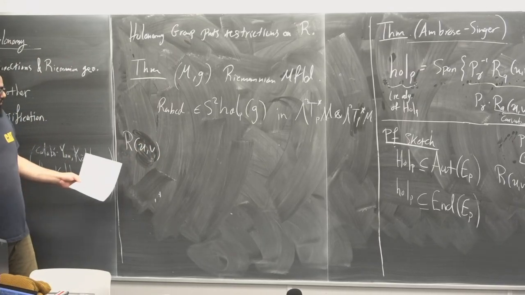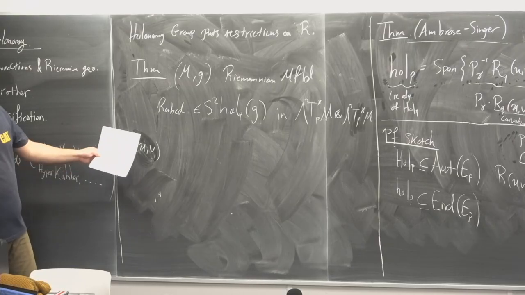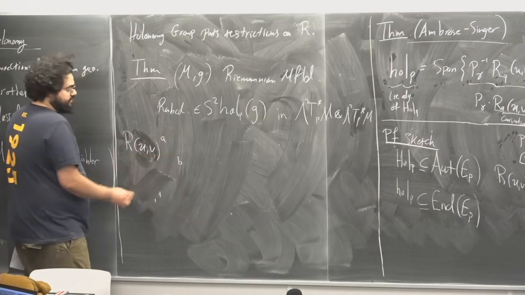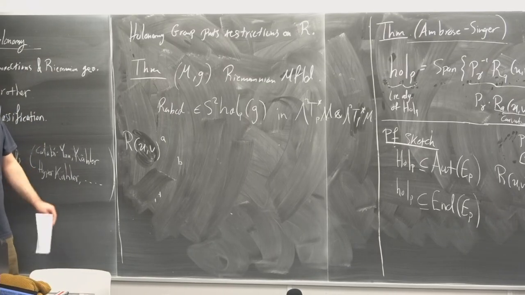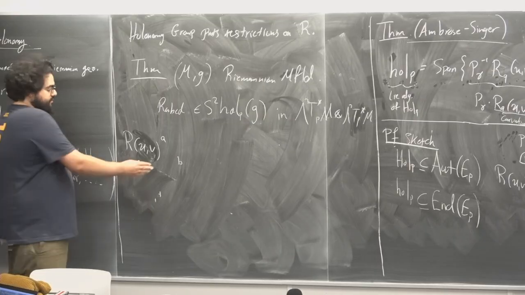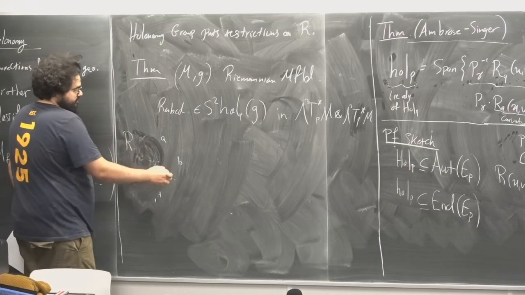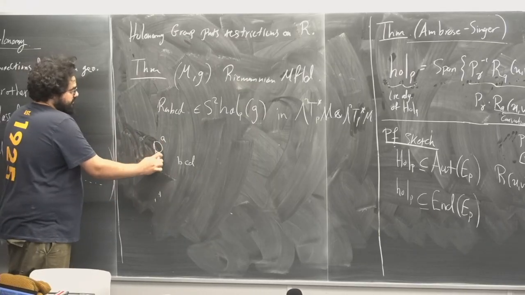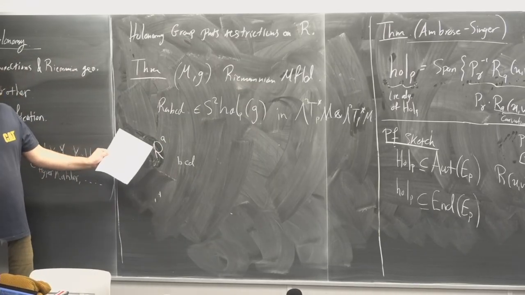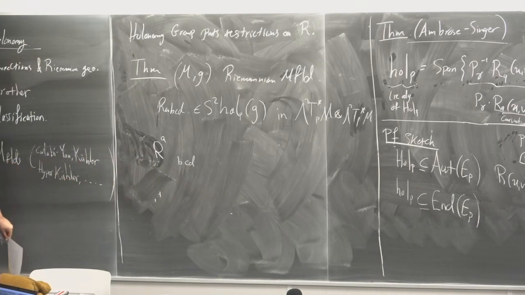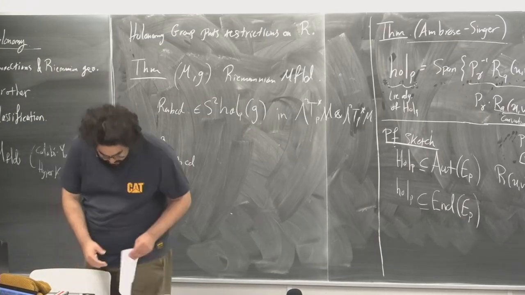An endomorphism, if you write it down in coordinates, has two indices because it's a matrix. Further, this thing eats two vectors, so it also has two covariant indices, C and D. So it's R_abcd. But we also have a metric, and so we can speak about what it means to lower the index of R. Okay. Good.